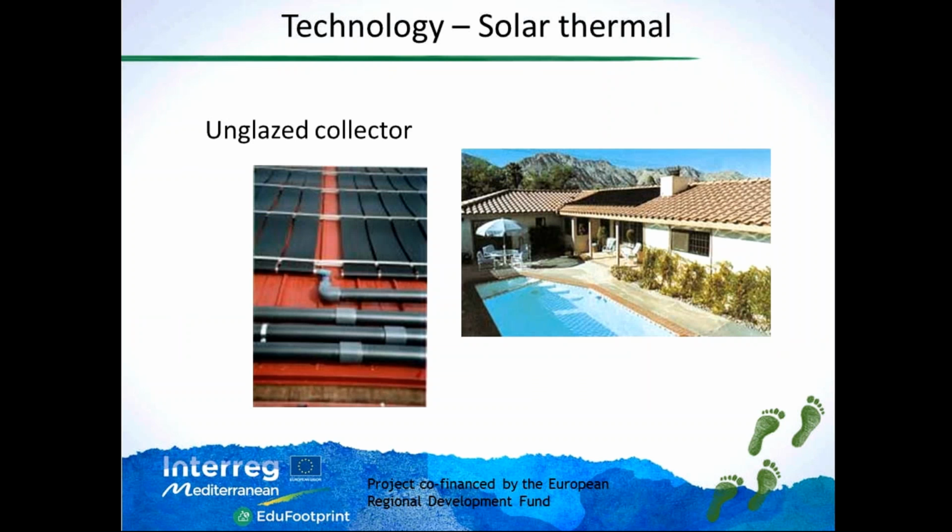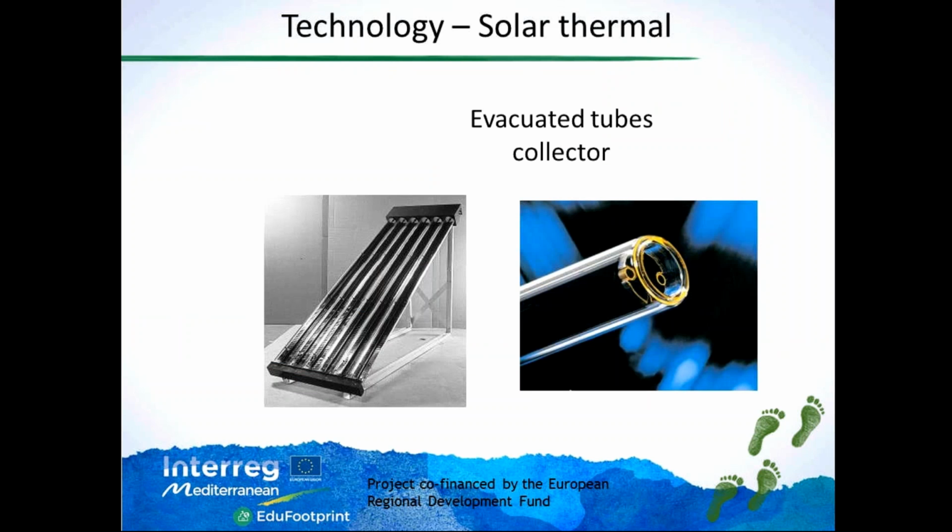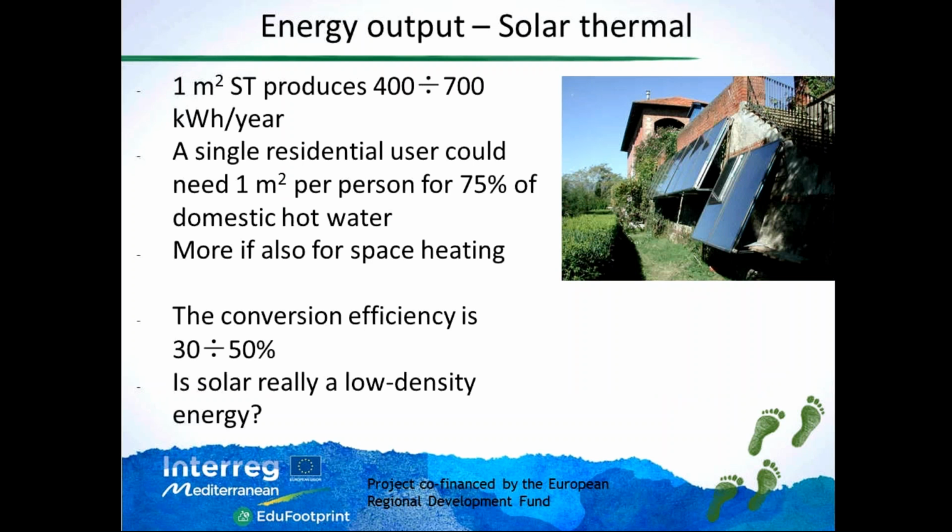We also have cheaper collectors, which can be used for summer-only applications, which are not very used in Europe. And then 10% of the European market is covered by evacuated tube collectors, which are high-performance collectors due to the fact that you have no air inside the collectors, and so thermal losses are reduced.